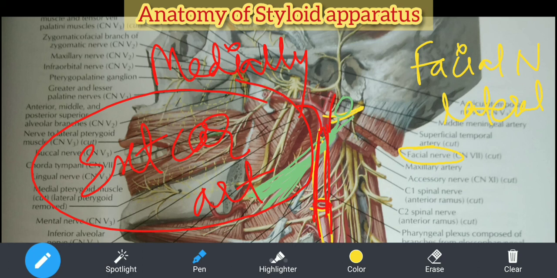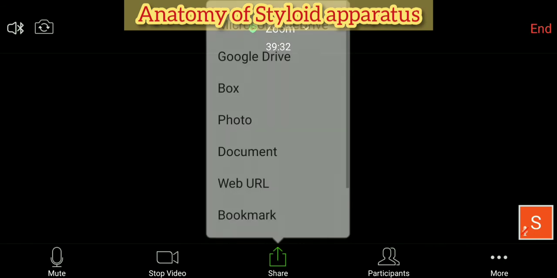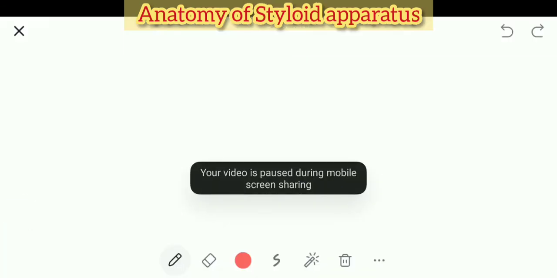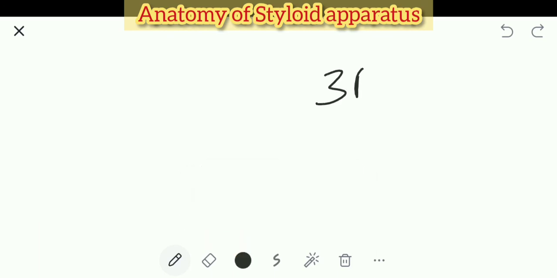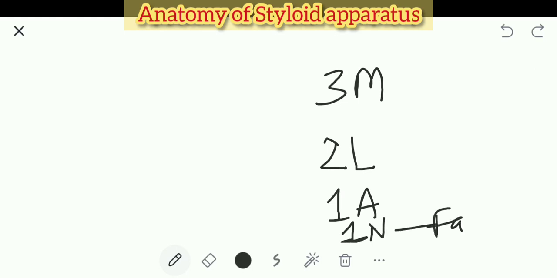Now I will summarize very quickly. So if you see, you have the 3 muscles, 2 ligaments, 1 artery, 1 nerve. Facial nerve laterally.